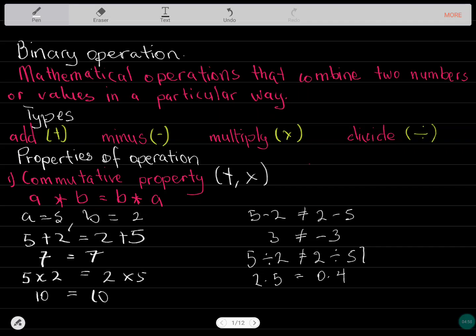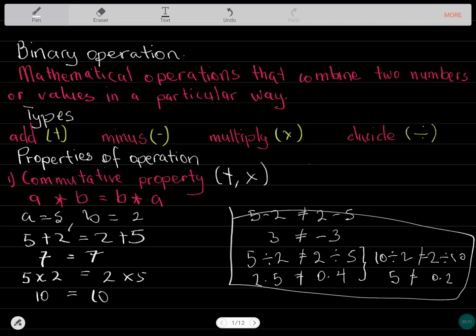We can try, for the sake of having proper numbers, 10 divided by 2, then 2 divided by 10. 10 divided by 2 is 5. 2 divided by 10 is going to give us 0.2. So again, the answers are not the same, and therefore division is not commutative. So let's keep that in mind. It is only addition and multiplication that are commutative, and we test that by interchanging the values, as we can see here.